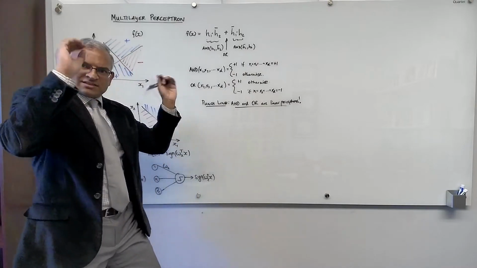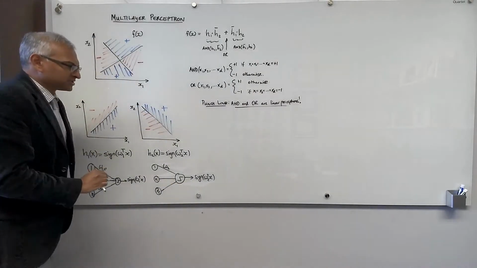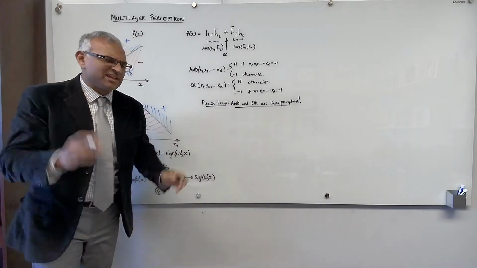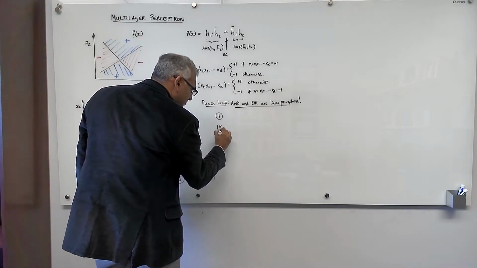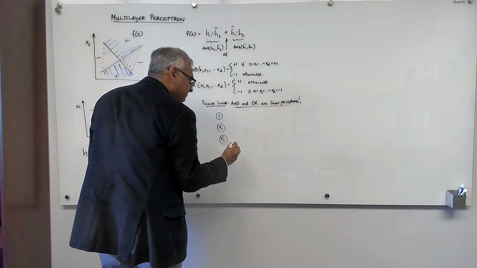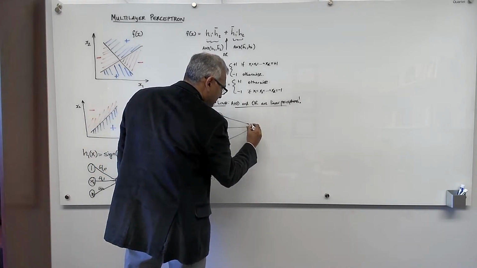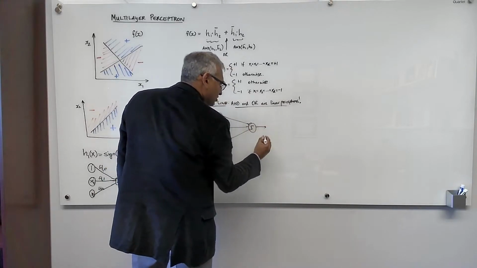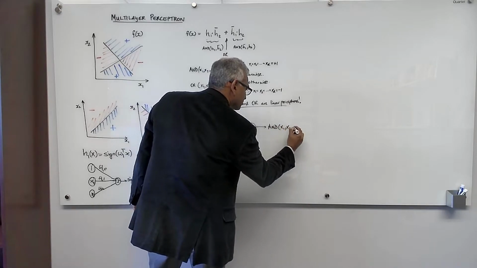So pop quiz, exercise. Okay. So in this visual representation, let us consider the AND of two inputs, and it generalizes easily. So the AND of two inputs: 1, x1, x2. We're going to pass this through a sign, and what's going to come out of here is the AND of x1, x2.